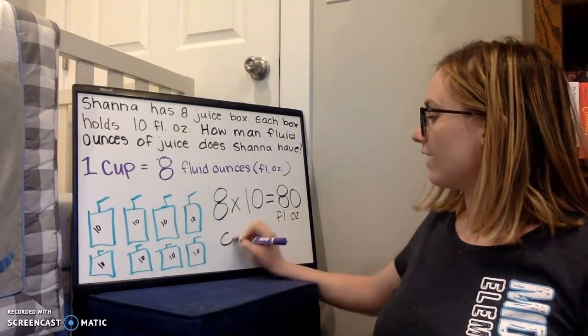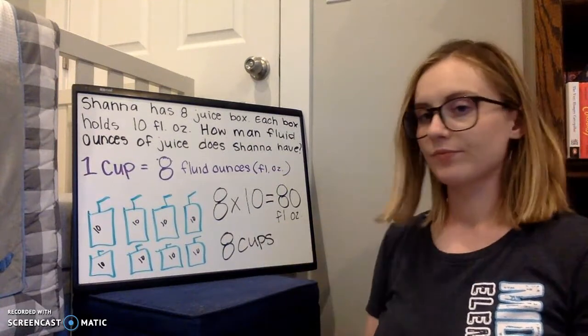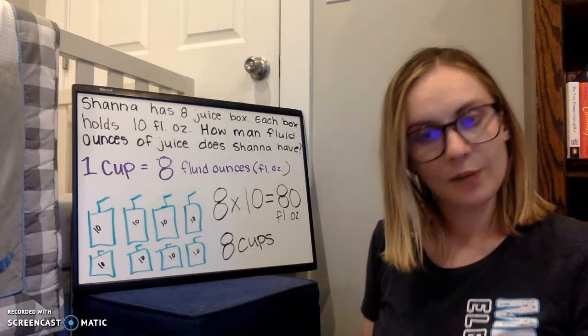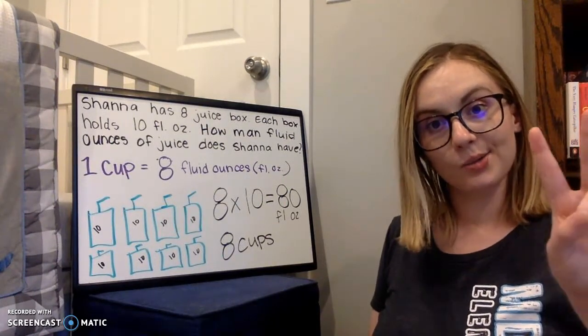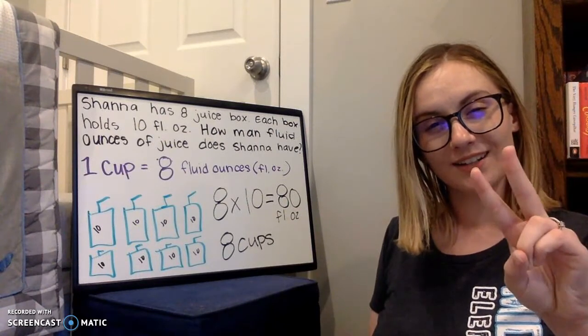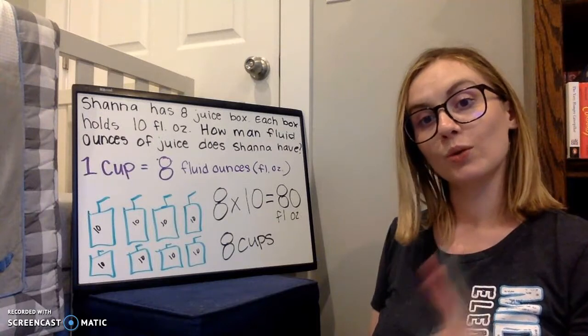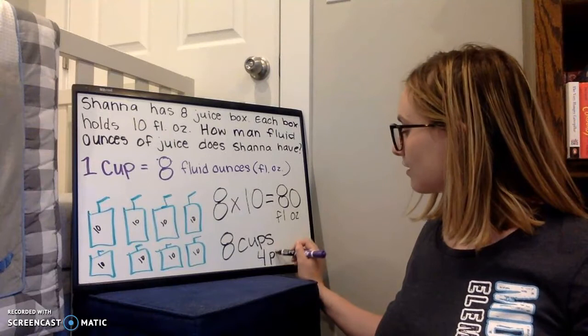And that would be 8 cups. Now, if I had 8 cups, how many pints would I have? Well, a pint equals 2 cups, right? So we just divide 8 by 2, and we would get 4 pints.